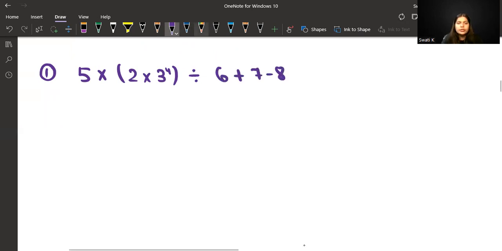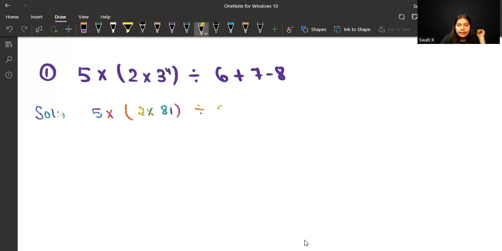This is the question. So let us simplify this. Very simple. Once again, it is just one power involved, so of course, that part you have to solve first. So 3 raised to 4 is 3 times 3 times 3 times 3. That is 81. And then, of course, divided by 6 plus 7 minus 8 as it is.